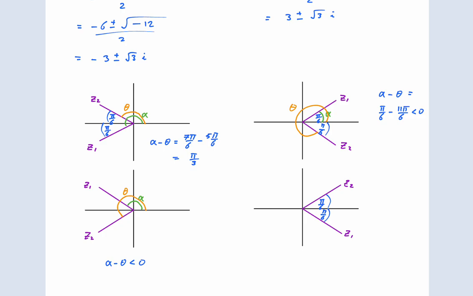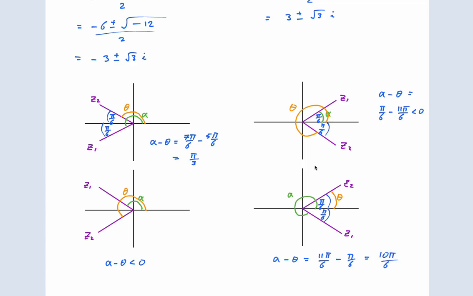And then finally here, alpha is my Z1. So now that's my alpha. And my theta is this guy here. Here I have alpha minus theta equal to 11 pi over 6 minus 1 pi over 6, which is 10 pi over 6.